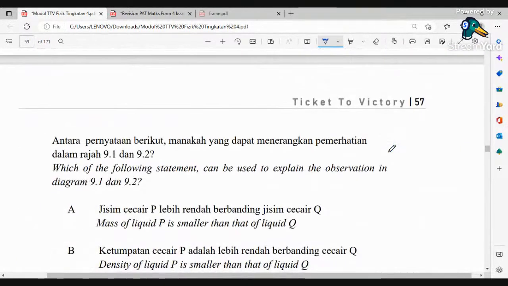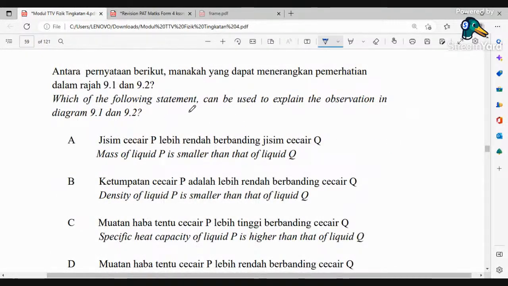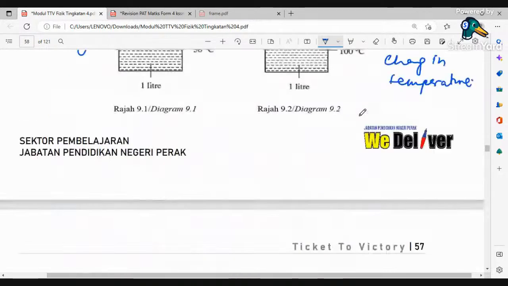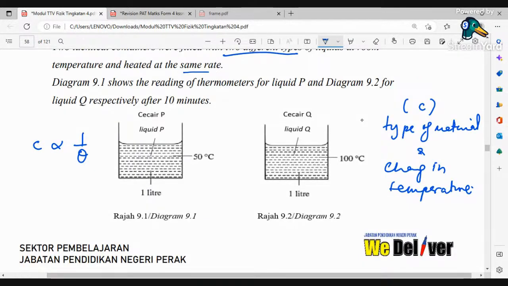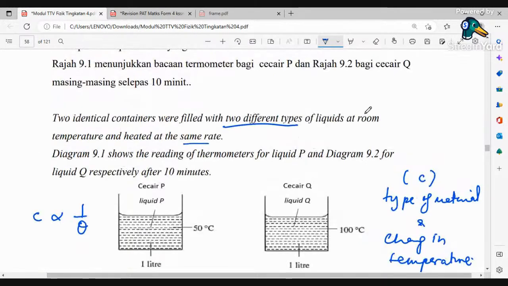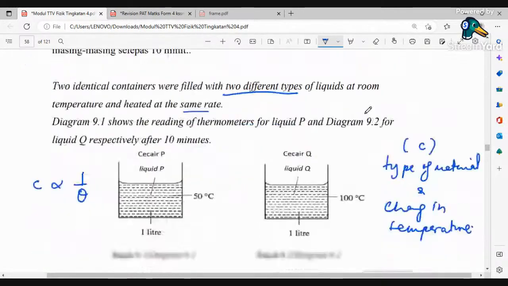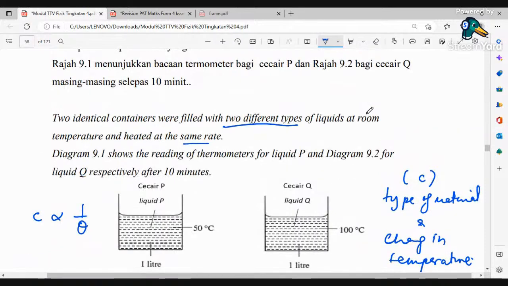Okay, so which of the following statements can be used to explain the observation in 9.1 and 9.2 as we look at here? Let's say same initial temperature for both liquids. So after some time, this one 50, this one 100, meaning Q experienced a larger change in temperature.